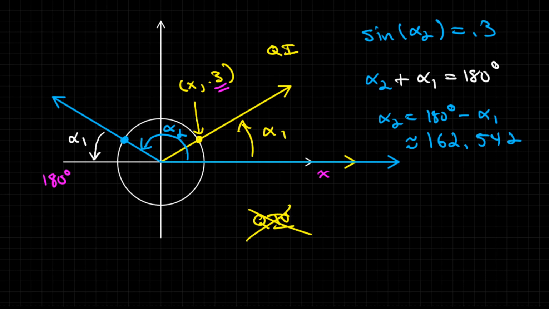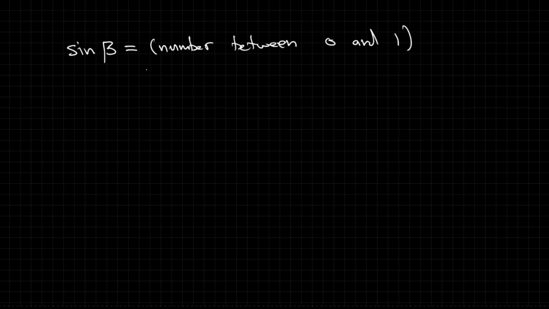So going forward, you should know that when you need to solve sine of some angle, I'm going to put beta here to make sure you all understand it doesn't necessarily need to be called alpha, equals some number between 0 and 1, and let's just give that a symbol.